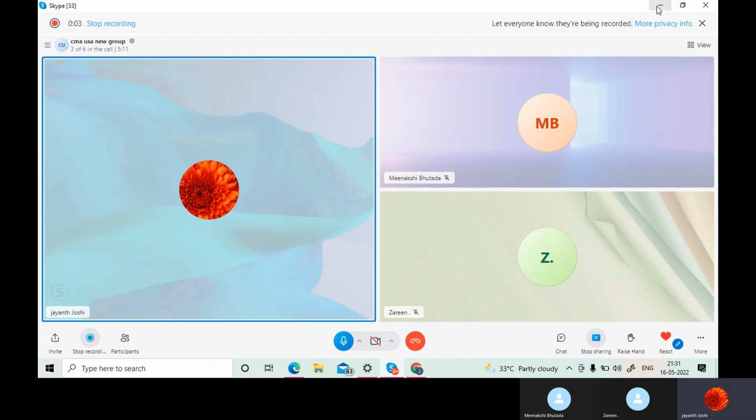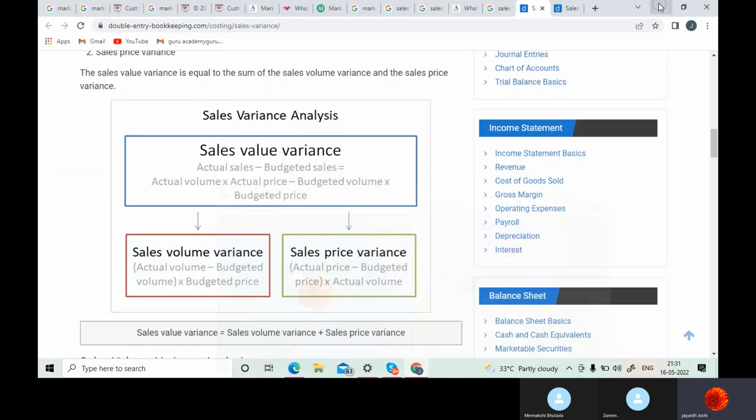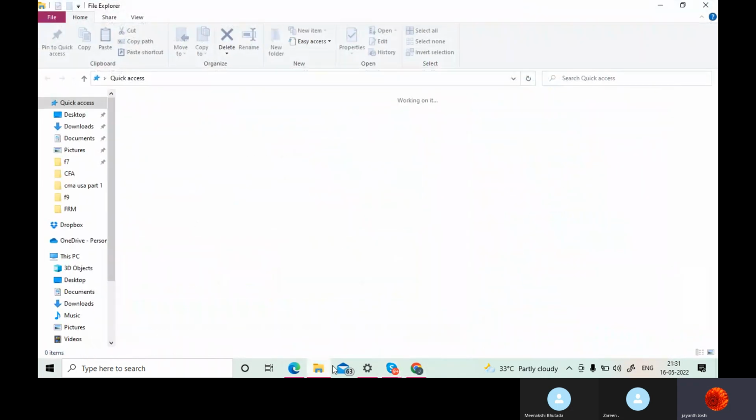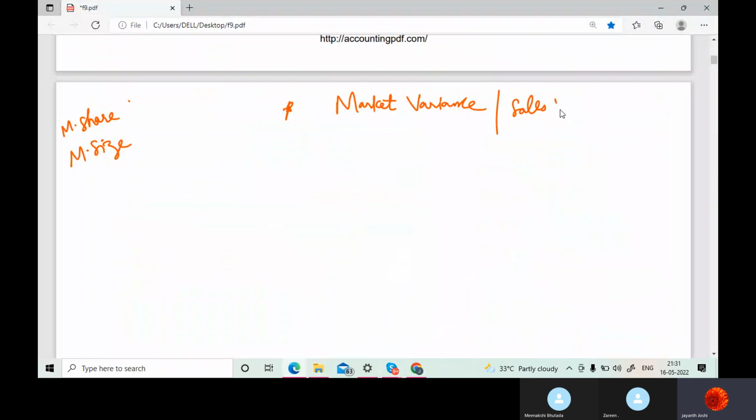Yeah. So we are starting with sales variance as well as market variances. Okay, let's focus. Market variance and sales variance is the agenda to finish today. So this is sales variance.